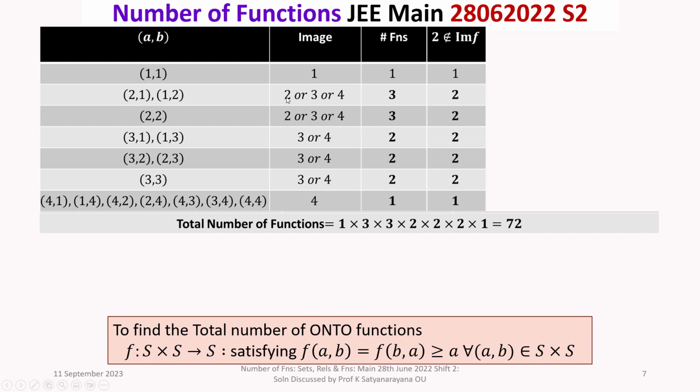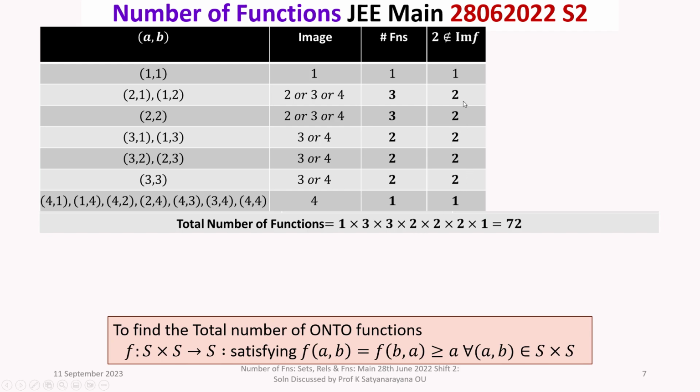That means 2 is not the image of any ordered pair. So 2 is not there, the choices will be 2 only, and 2 choices, 1 choice. So when 2 does not belong to the image of f, it is not an onto function.